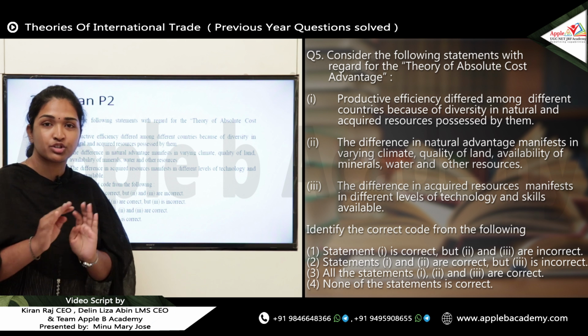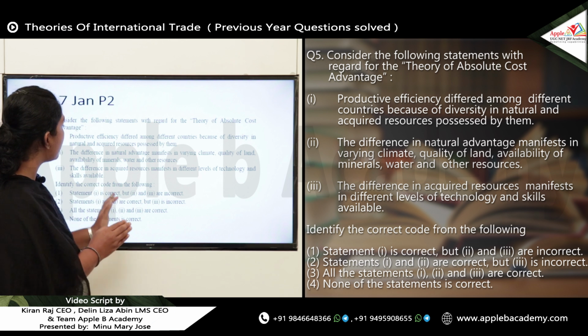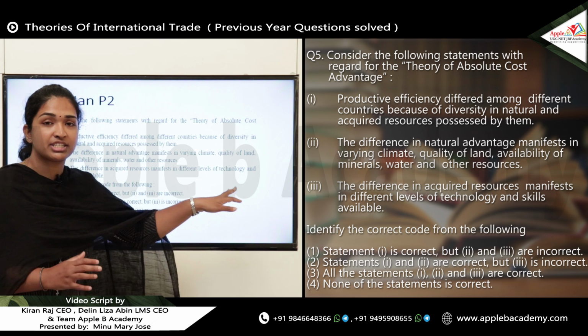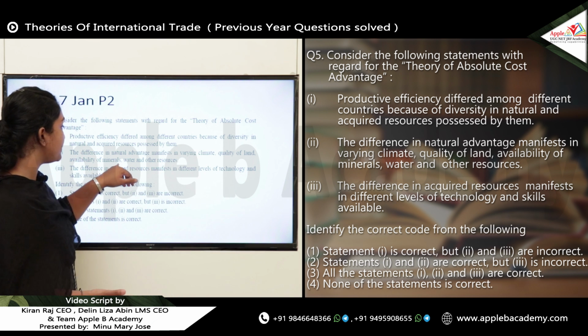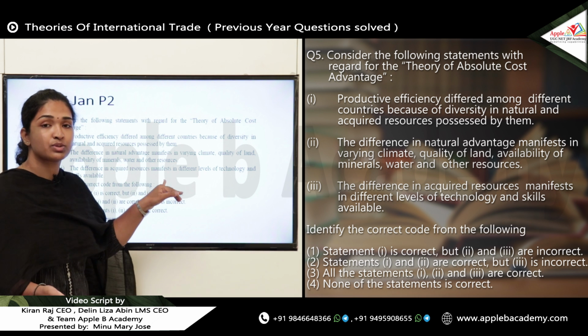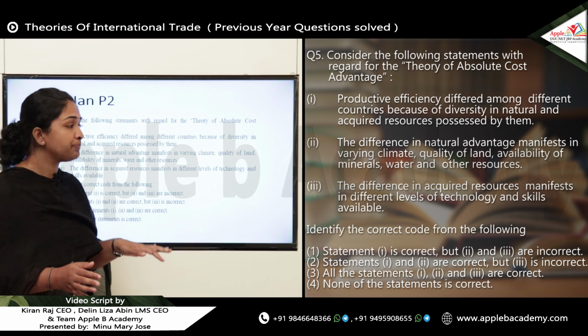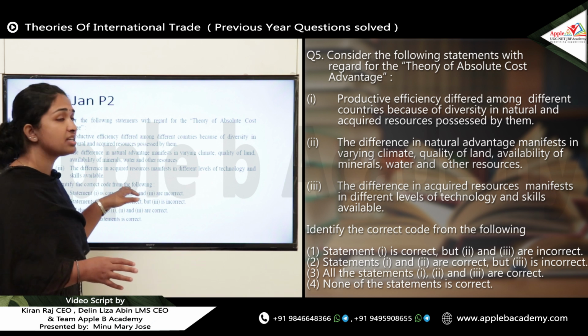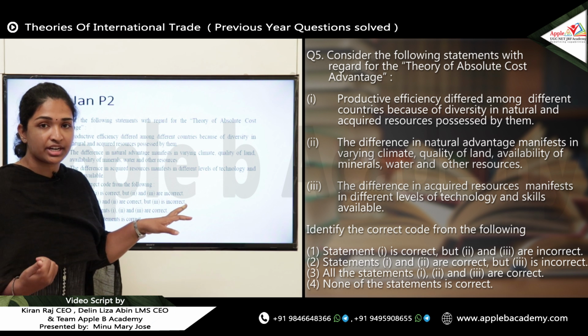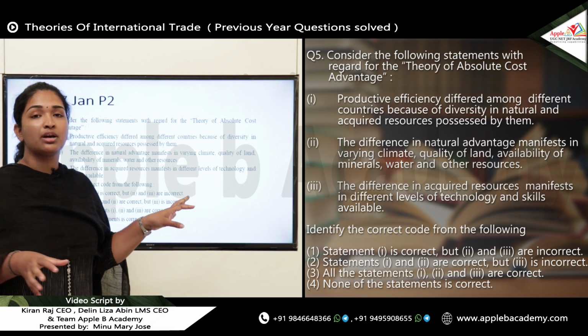The natural resources can be differences in the quality of land, in climate, or the availability of particular minerals, water or other resources within the country. And the acquired resources are the technology, techniques or methods of production used during the production process.